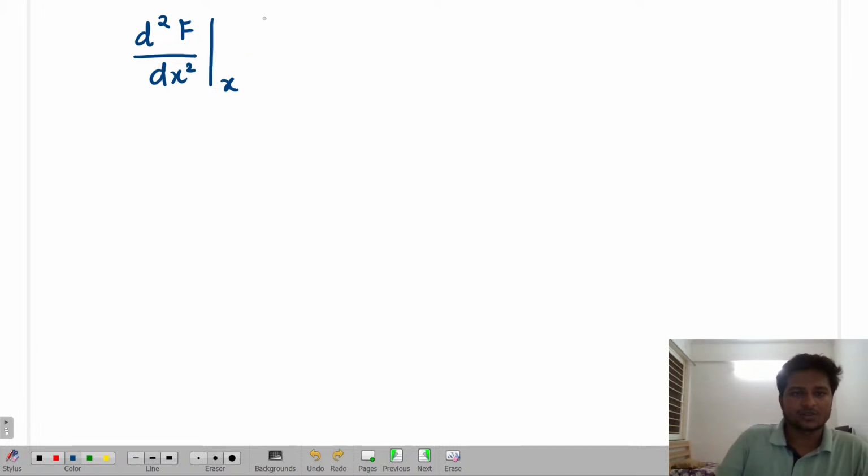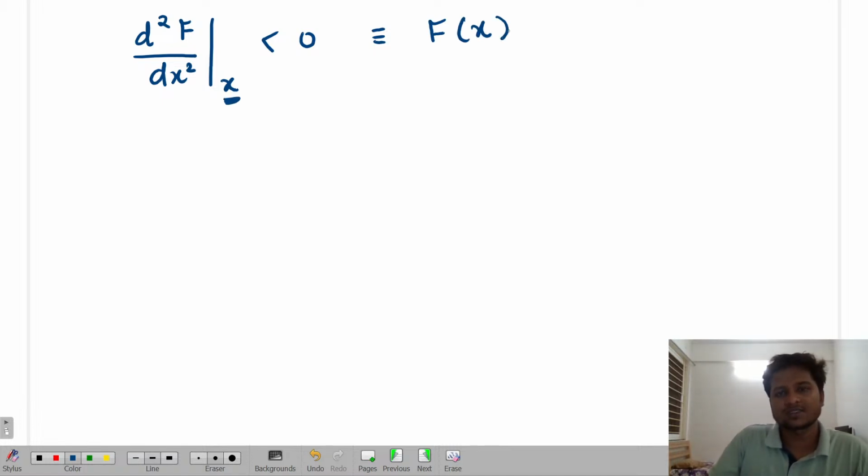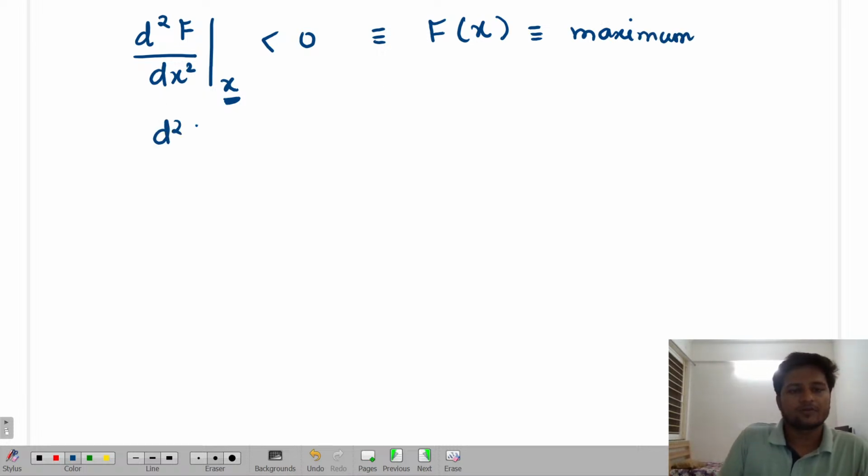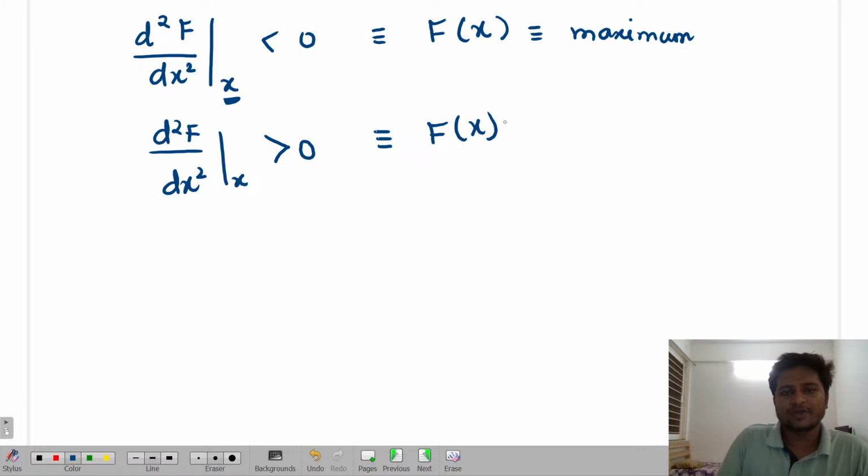If it is less than 0, then my force at that value of x is going to be my maximum value. If d2f by dx square for the value of x which you calculated is greater than 0, then f of x for that value is my minimum value.